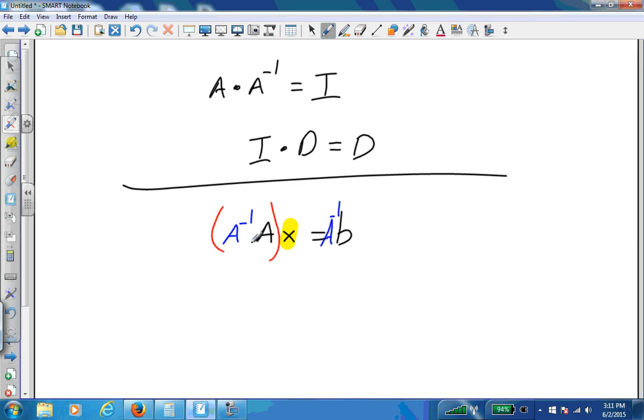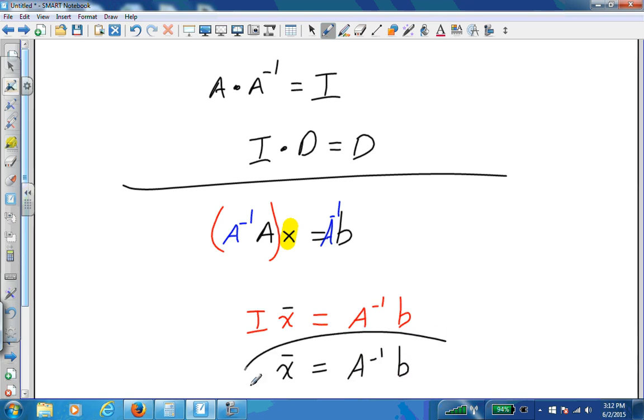Multiplying A inverse times A gives us the identity. Identity times the x vector is itself. Anytime you multiply something by identity, you get itself. So this gives us a way of solving a system of equations.